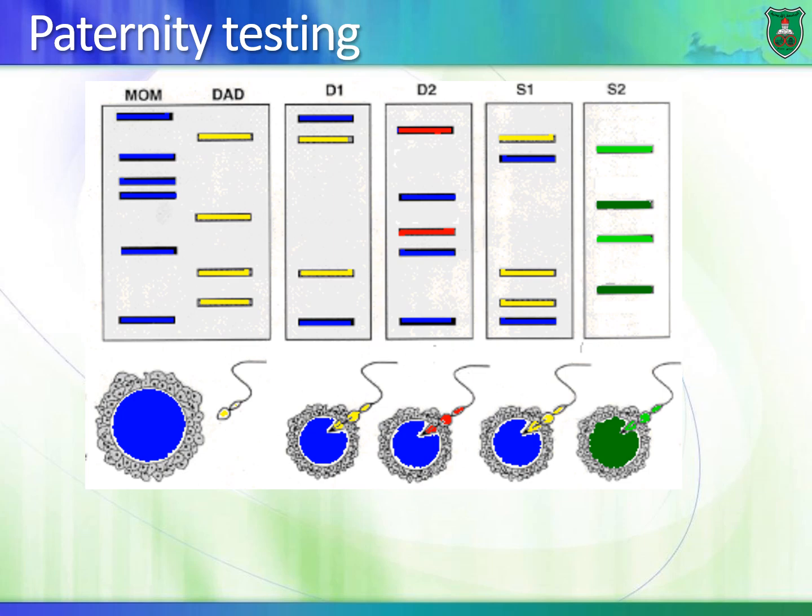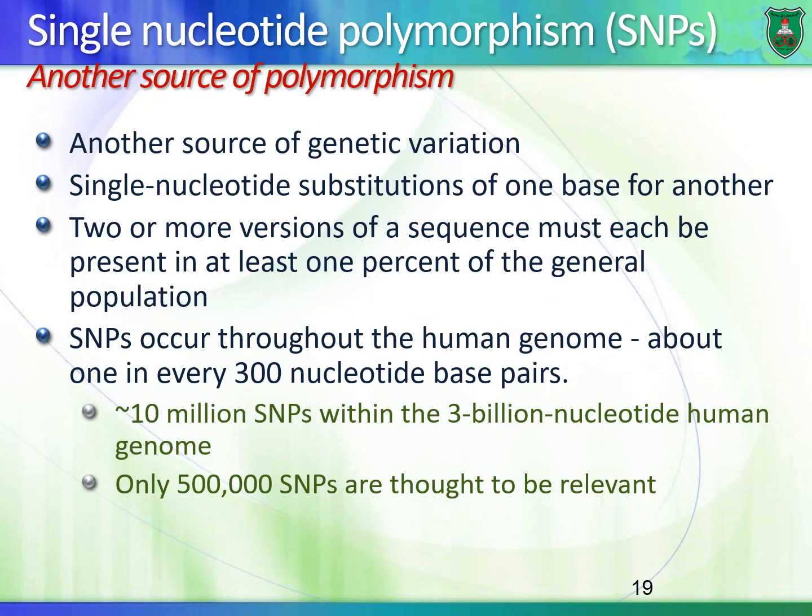Now, one major feature of the human genome is variation. And variation is not only in VNTRs and STRs, rather variation can also exist in single nucleotides. And this is known as single nucleotide polymorphism.